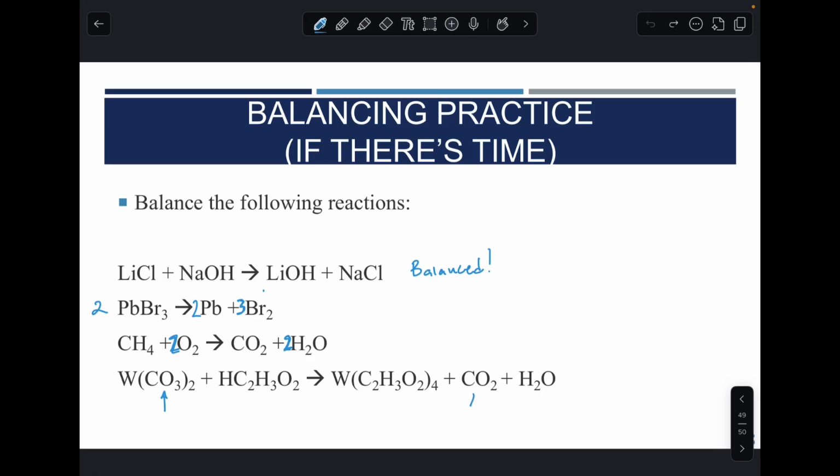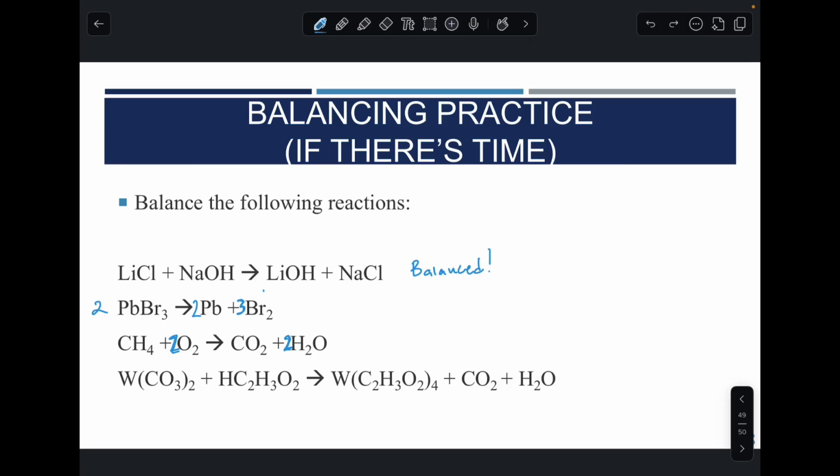So we cannot treat CO3 as a single unit anymore, because it decomposes. It's not on both sides. Whereas with hydroxide over here, we were able to do that because hydroxide stays intact on the other side. But it doesn't stay the same for CO3, so that's not the case here.